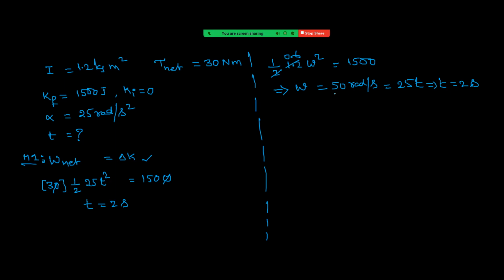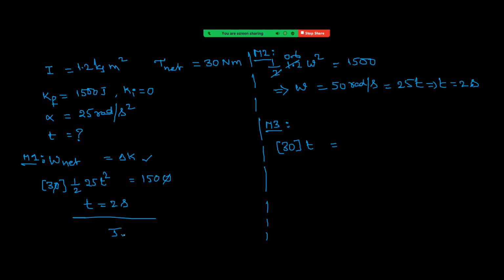Is the point clear? Or do one thing, solve the same thing. So take it as method 2. Let us solve the same thing in a different way. We want to find out time, right? And we know what is net torque. So net torque into time taken, that is t, this is giving us net impulse. I am writing here.